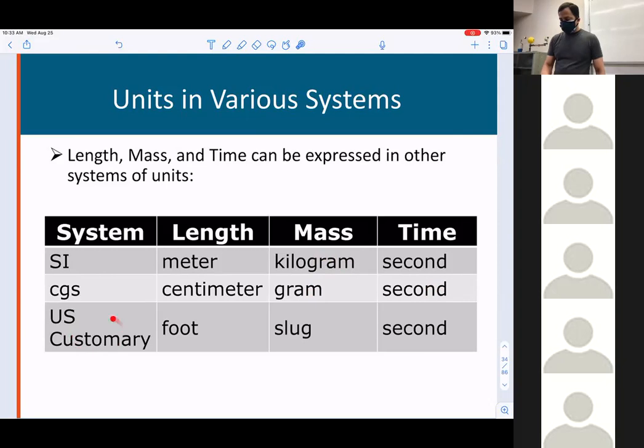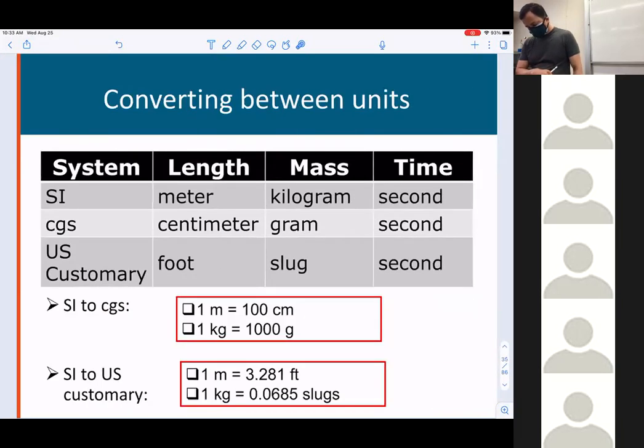There's the US customary system, which almost nobody uses. Length is in feet, we do use that. But apparently mass is in slugs. And I don't even remember, it's some fraction of a kilogram, or I can't even remember if it's bigger or smaller than a kilogram. It's something. And then there's seconds.